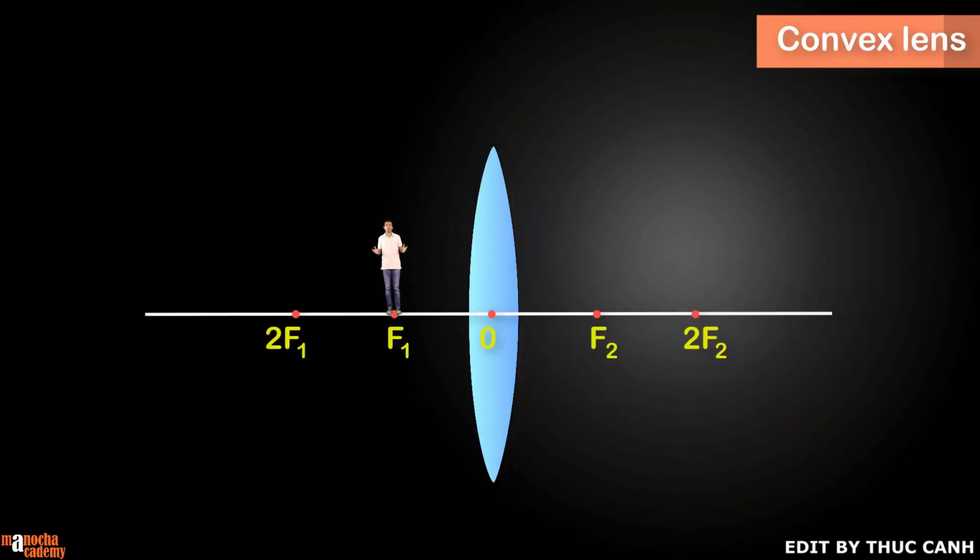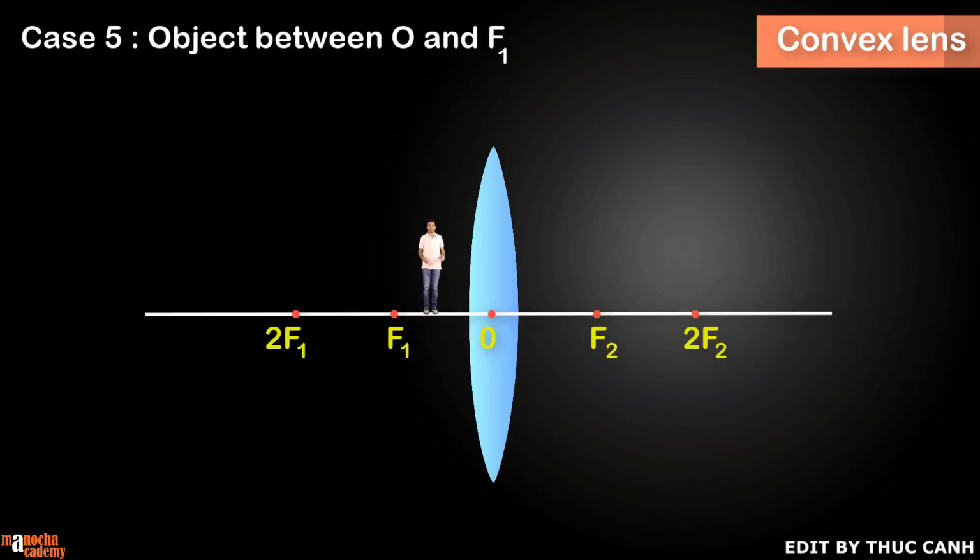Now let's look at the final case where I move really close to the lens. The object, that is me, is between the optical center and the focus of the lens. Let's use rule 1 and rule 2 to draw the light rays from the top of the object.